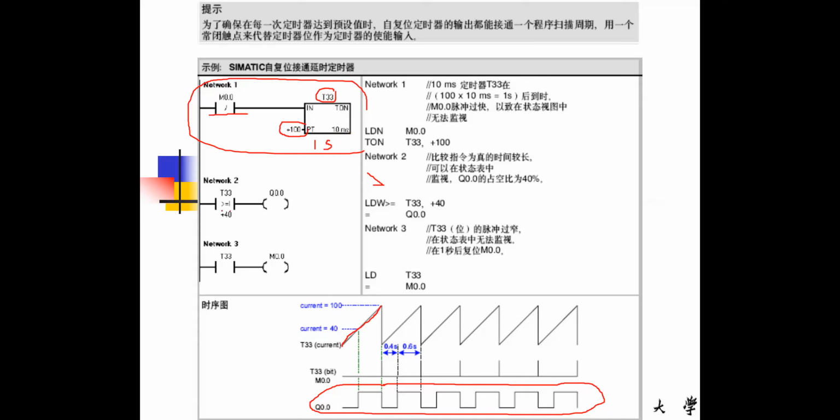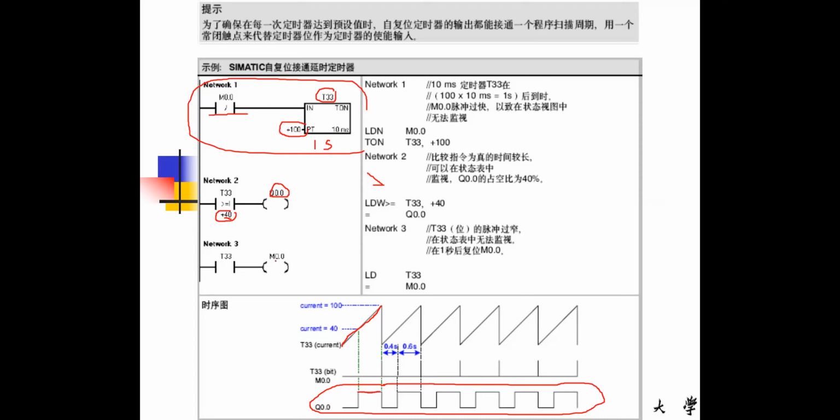We can see T33: when the number is more than 40, Q0.0 is 1.